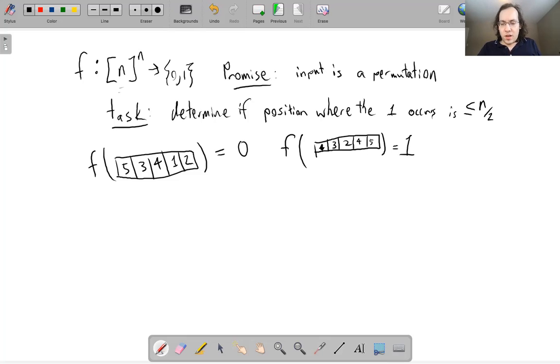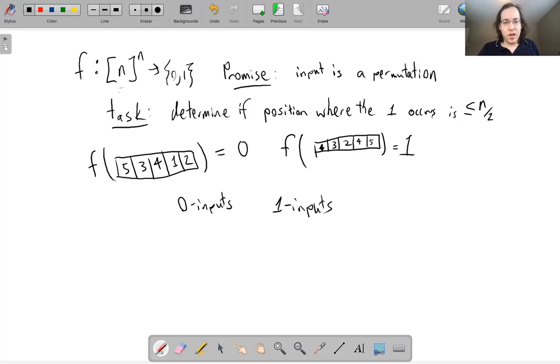Okay, so we would like to prove a quantum lower bound on this. So we'll use the adversary method. What we need is a set of 0 inputs and a set of 1 inputs. So the 0 inputs, let's take all the strings with a 1 on the right, and for the 1 inputs, all the strings with a 1 on the left.